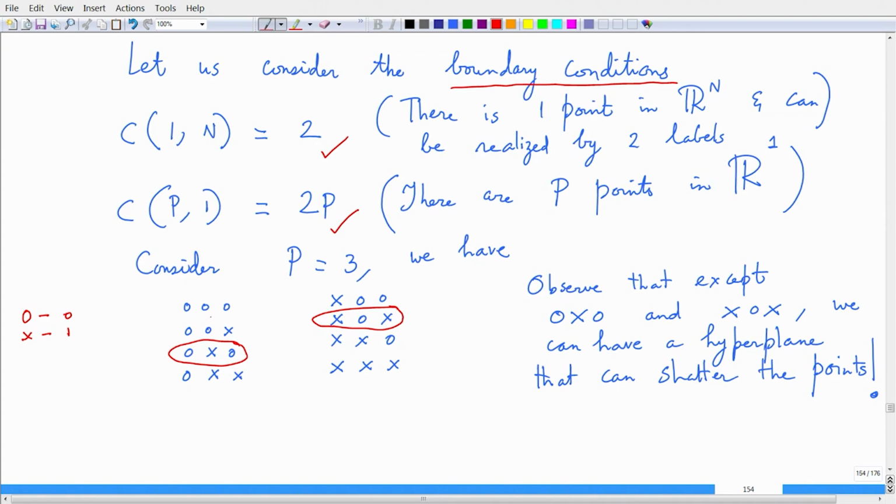So, I have a circle, a circle, a circle, then a circle, a circle, a cross, and so on till I reach a cross, a cross, a cross. Here I can put a hyperplane wherever I want. In the first case I can put it wherever I want. In this case I have one hyperplane here that can separate the crosses and the circles. Here with one hyperplane I cannot, because I will need two hyperplanes.